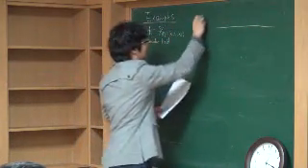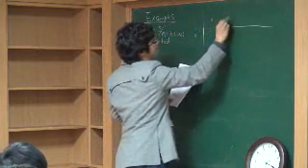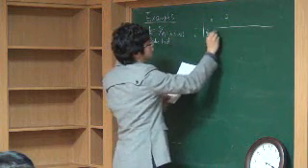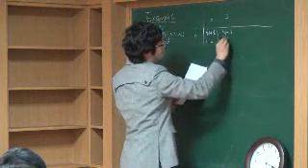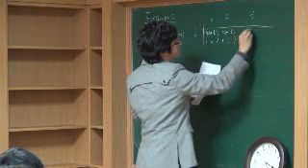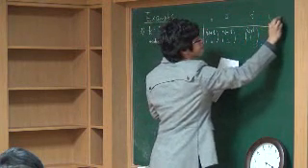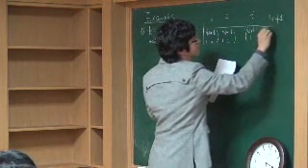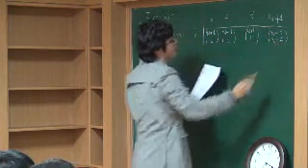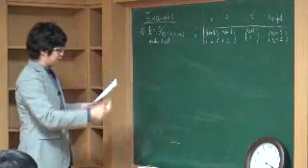So in this case, the Betti table is just given by the binomial coefficients. Very simple Betti table.